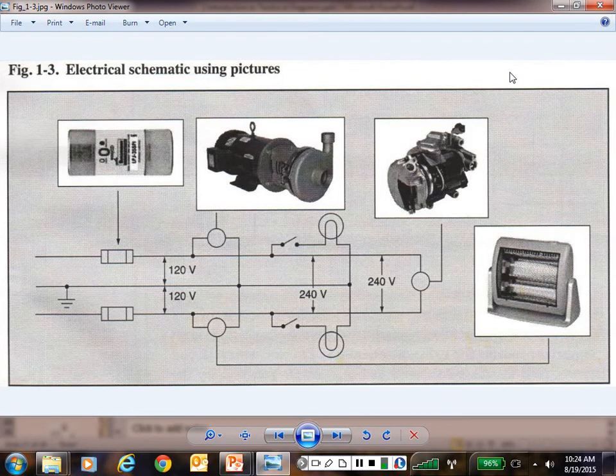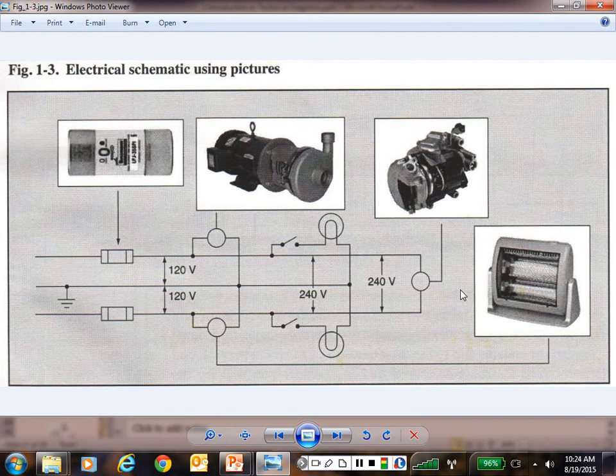It makes it a lot easier because now you've got a visual, so you say, oh, there's that part over there. But normally, if you understand the symbols, then you'd still say, oh, that's that part over there, right? You understand? Electrical schematic using pictures. What page are we on?